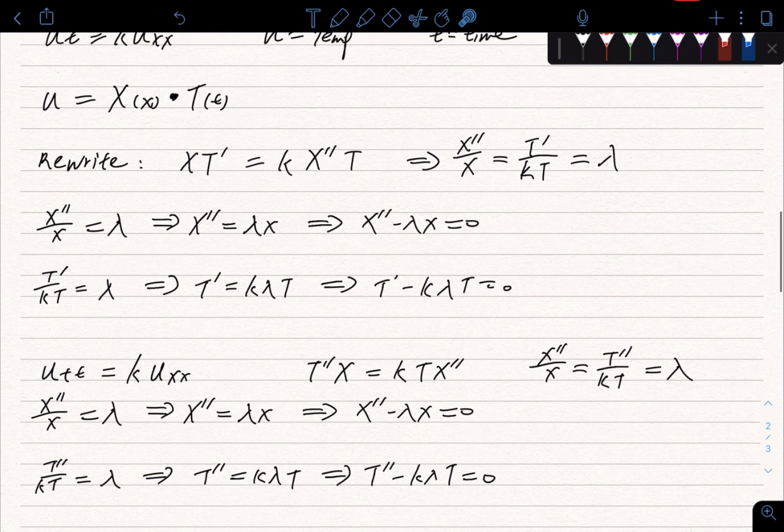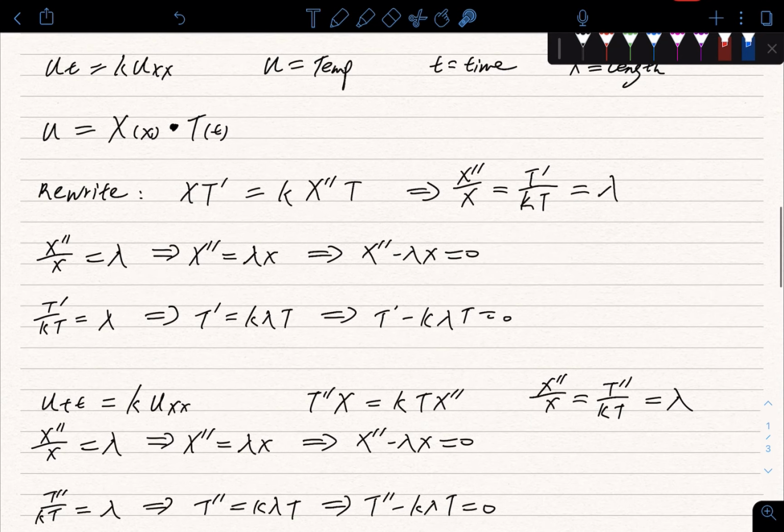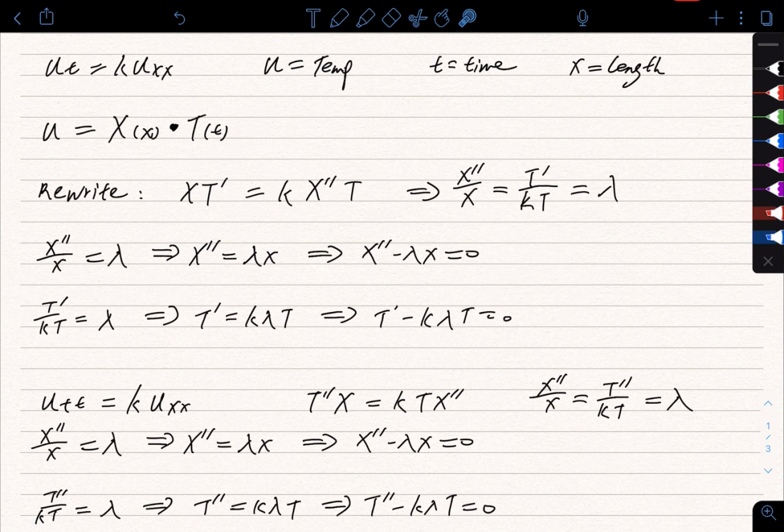The reason why we're doing this is that, first of all, we assume that our solution is a product of two functions, one containing x only, one containing t only.